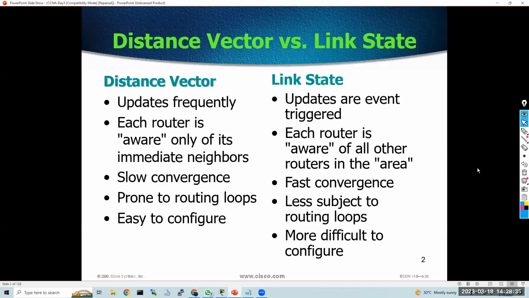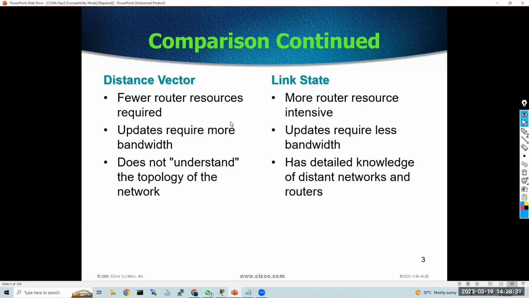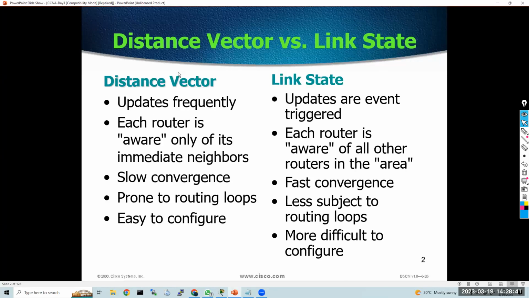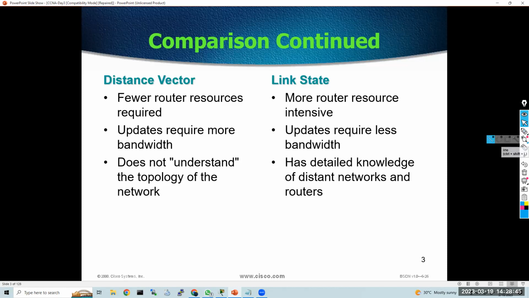That is the difference. Now, let's say each router is aware of each other. Let me write with the text pen.